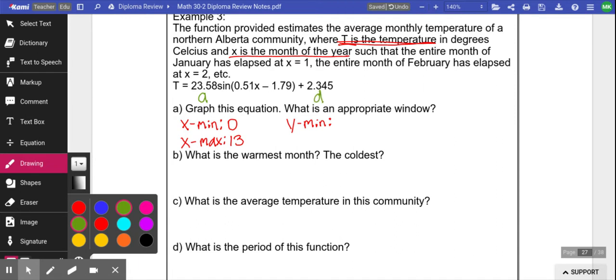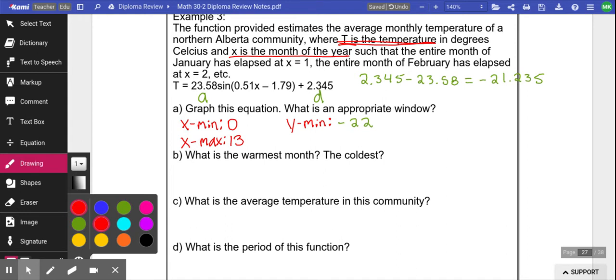So if you want to find your minimum possible value, take the middle and subtract the amplitude, and that will tell you exactly where the minimum is. In this case, 2.345 minus 23.58 tells me that my lowest value is negative 21.235. So a good minimum would be negative 22 degrees.